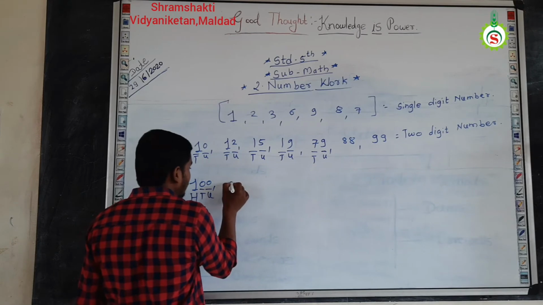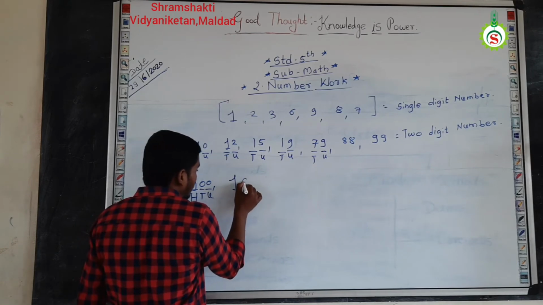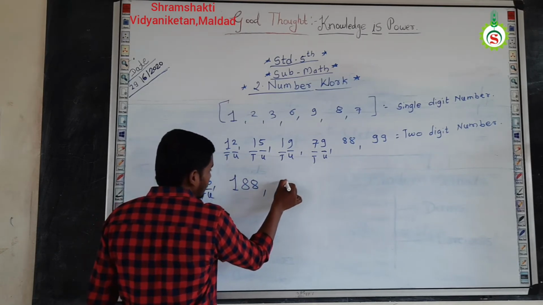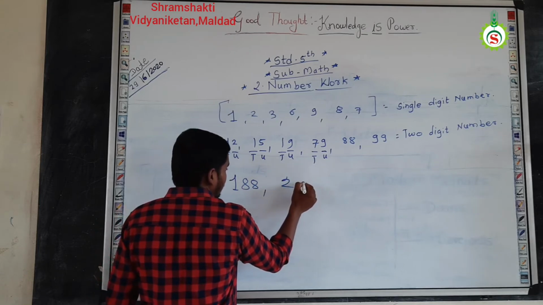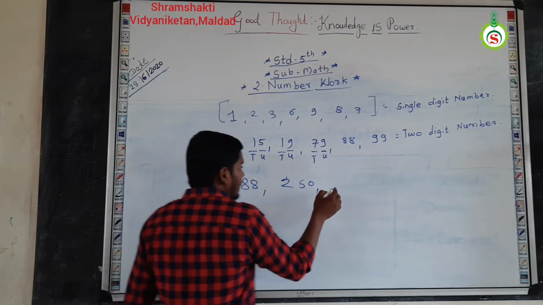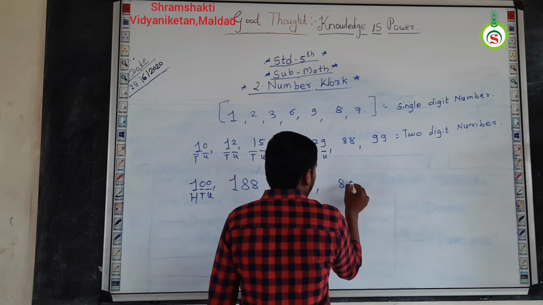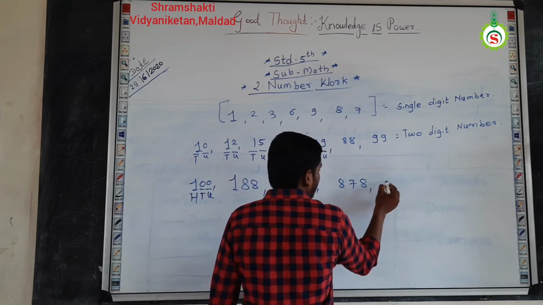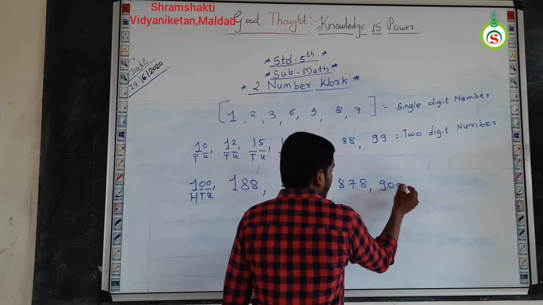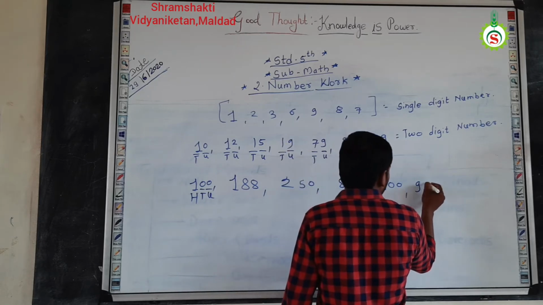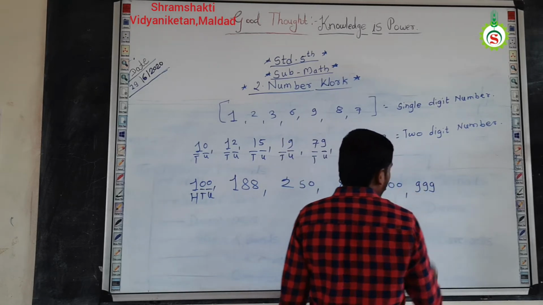So one more example, suppose 188, then suppose 250, then suppose 878, then 900. After that I will write 999.